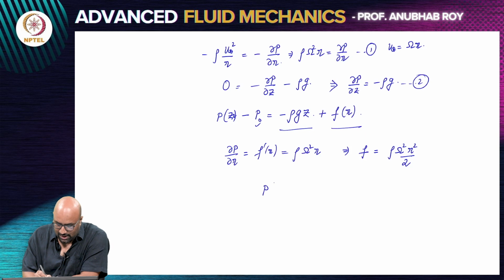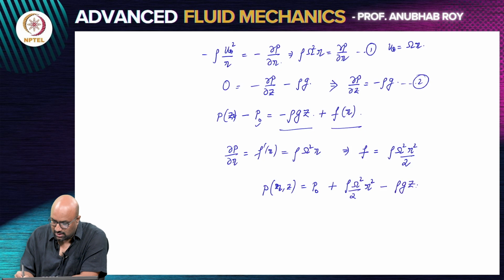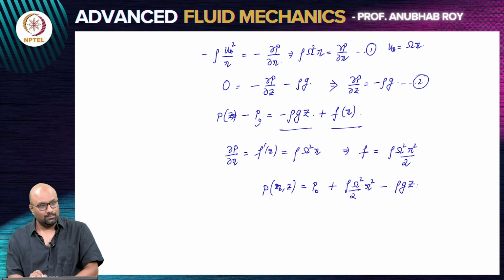So, finally, I have P of r comma z is equal to P0 plus rho omega square by 2 r square minus rho g z. That is the pressure distribution that you have.